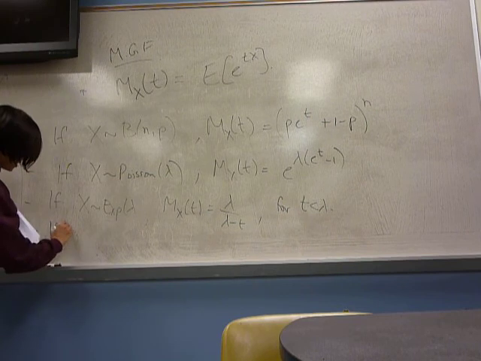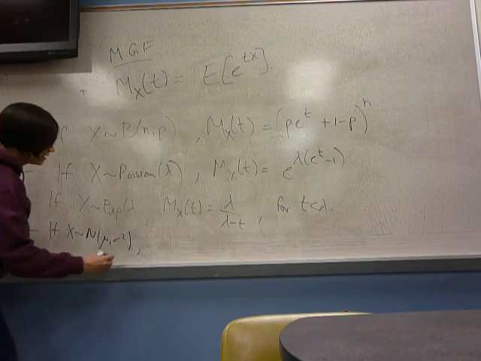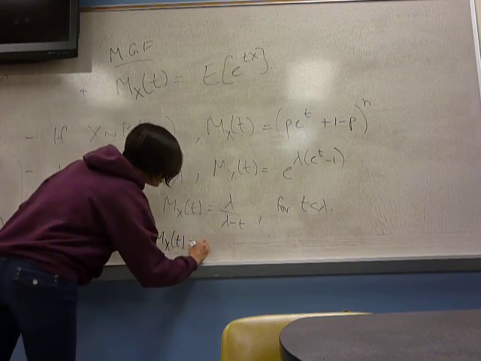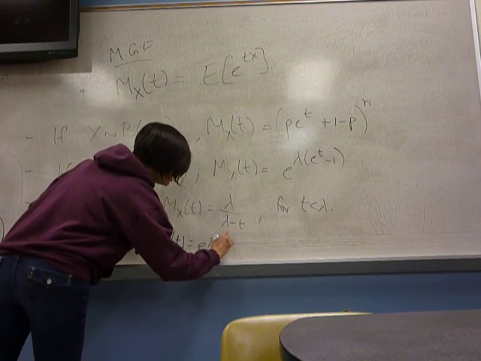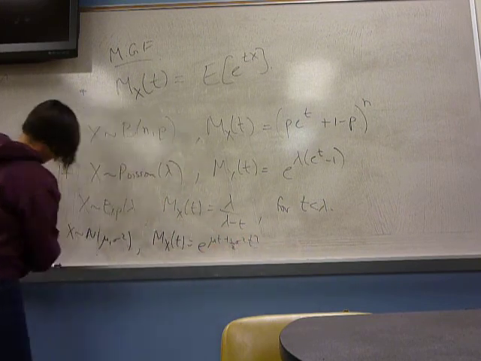And if x is normally distributed with mean mu and variance sigma squared, then your moment generating function is e to the mu t plus one half variance times t squared.